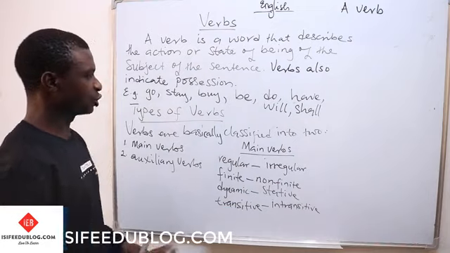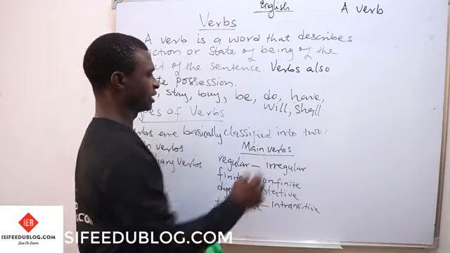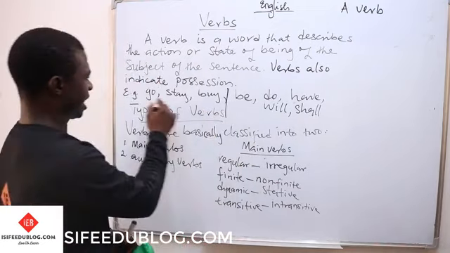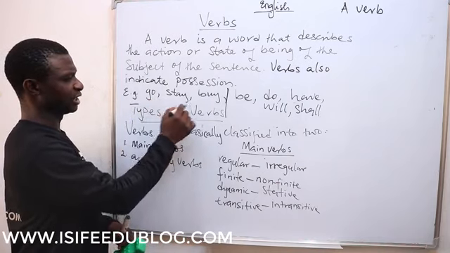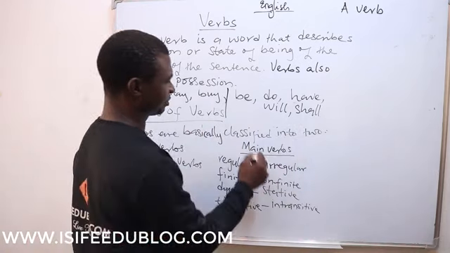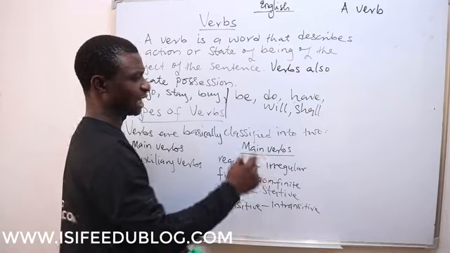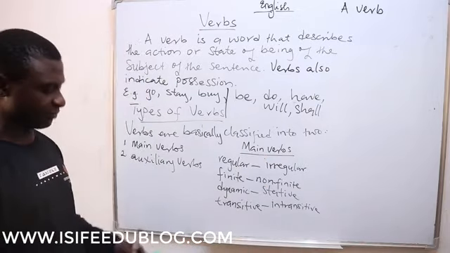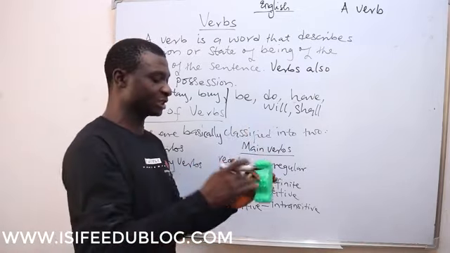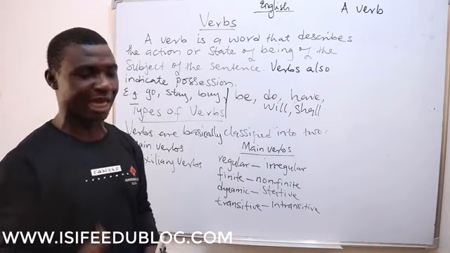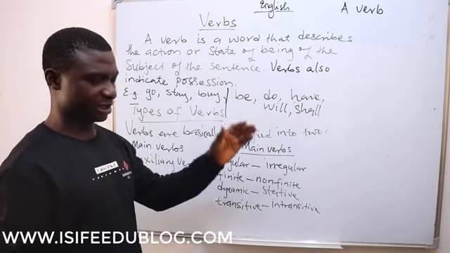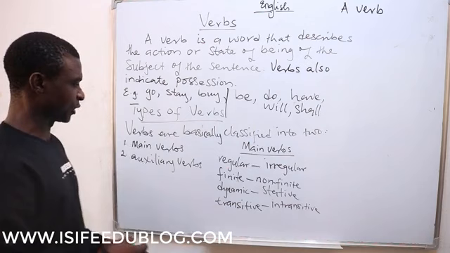Not to worry, especially for these verbs, the auxiliary verbs. Here we have main verbs in go, stay, buy, but here we have the auxiliary verbs be, do, have, will, shall, and the rest of the modal auxiliary verbs. But we will take our time to get this as different topics as we progress.